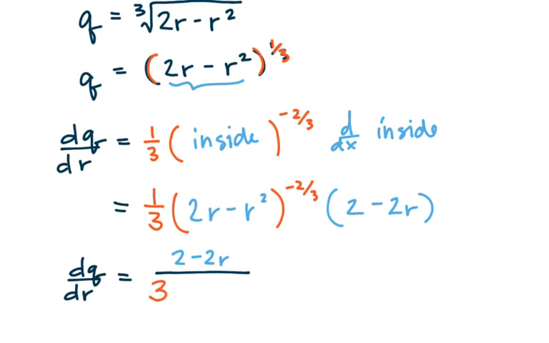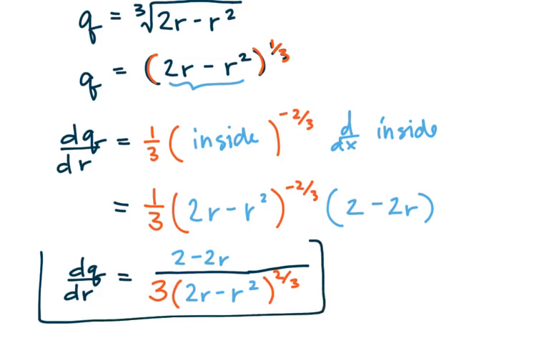And then my 3 is in the denominator. We have 2r minus r squared. That would be raised to the positive 2/3 power if I moved that to the denominator there. All right, so that's my final answer.